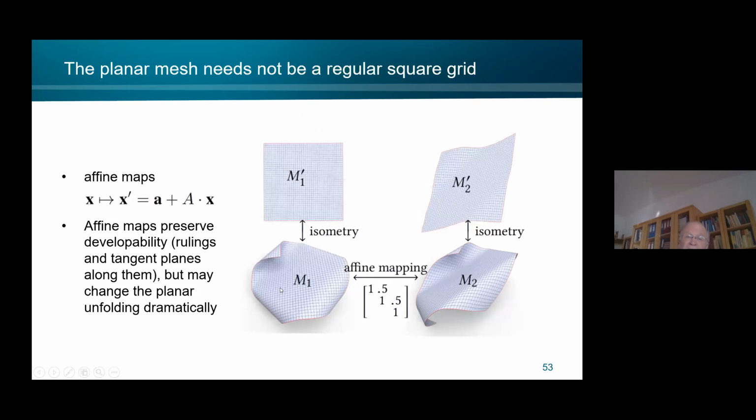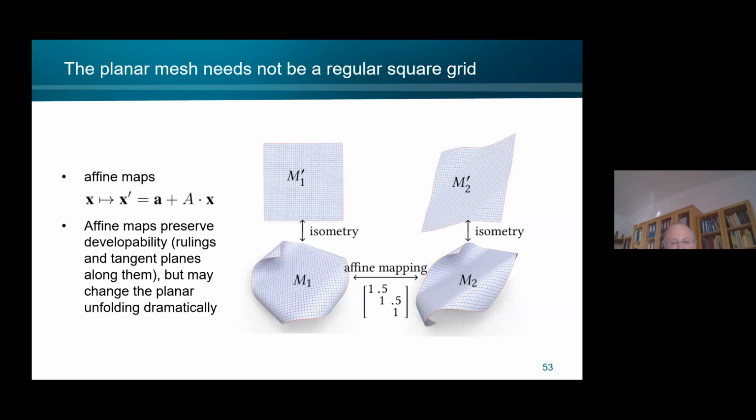So here is a simple example. We take on the left-hand side a discrete developable surface according to our model. Here the isometric unfolding is a square grid. And then in 3D, we perform an affine map. An affine map is, of course, not an isometric map, but it maps a developable surface onto a developable surface, simply because the rulings, the straight lines, are mapped to straight lines, and the constant tangent plane along them is also mapped to a constant tangent plane along the images of the rulings.